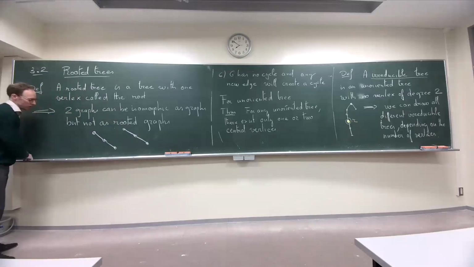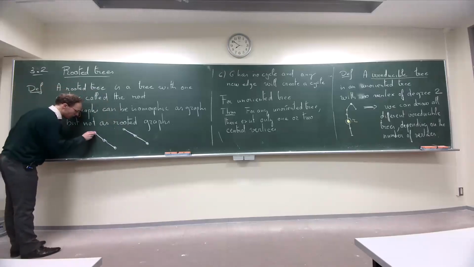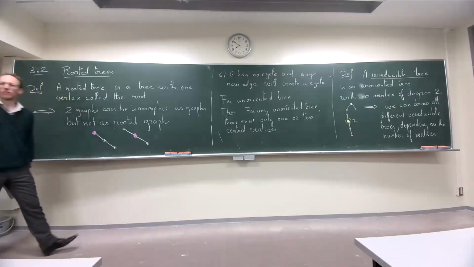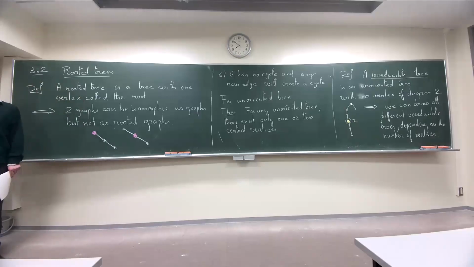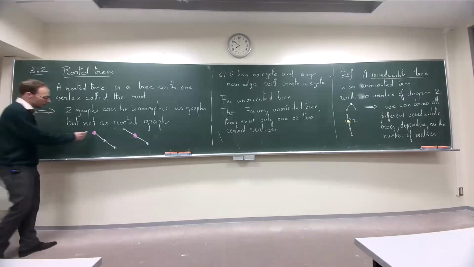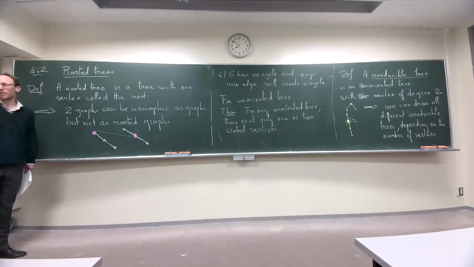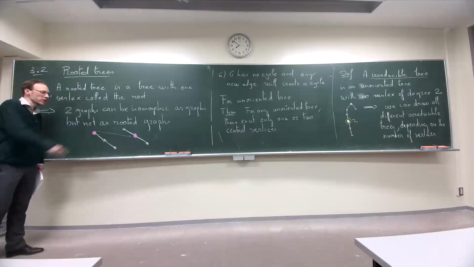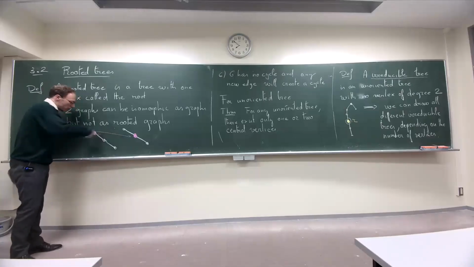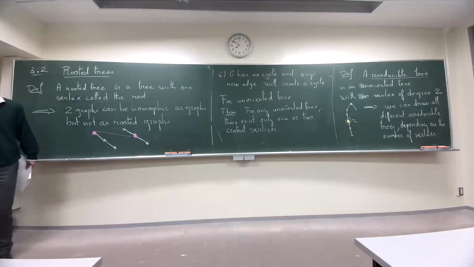Okay. So far, so good. But now I decide that this is a root, and I decide that this is a root. As graphs, they're the same, but not as rooted graphs, because as rooted graphs, I didn't say what is a rooted isomorphism, but you can expect that the root of one tree is sent to the root of the other one, and you have no way to create an isomorphism which also sends this root here, simply because they don't have the same degree.